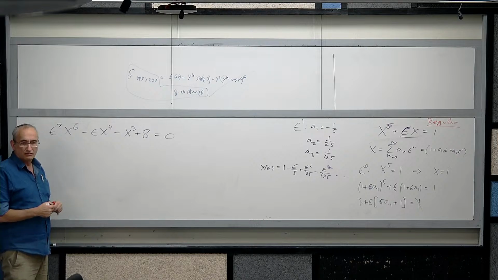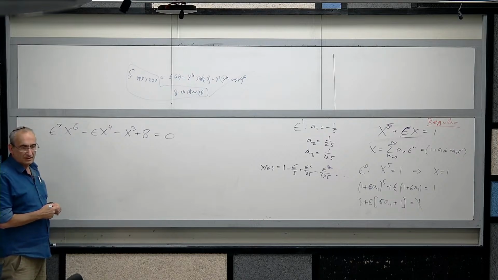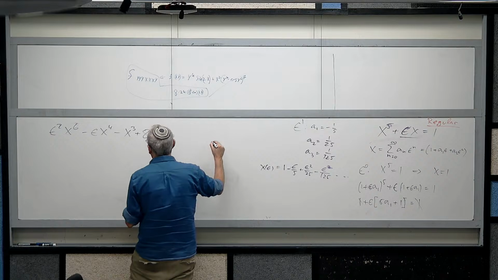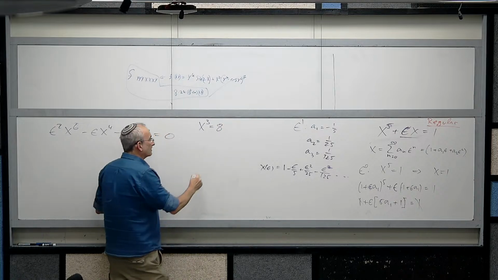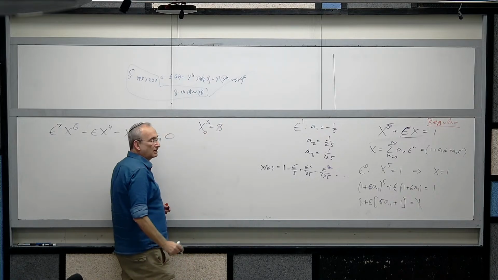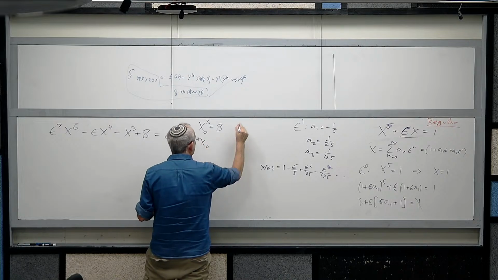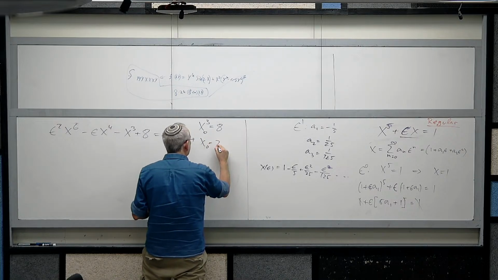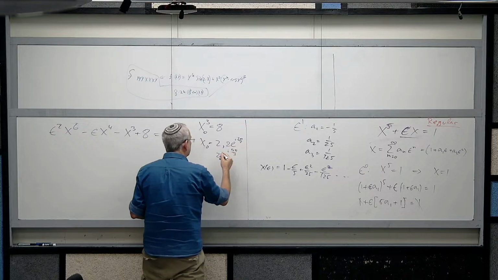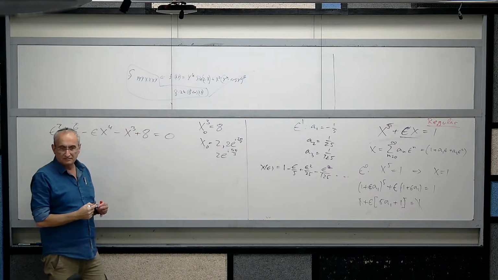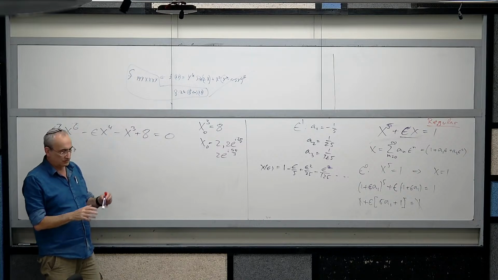We have 3 solutions, the solutions of x0 cubed equals 8. So x0 may be 2, or 2e to the i 2 pi over 3, or 2e to the i 4 pi over 3. Those are the 3 solutions. You agree with me?